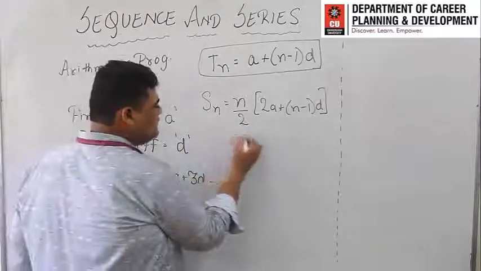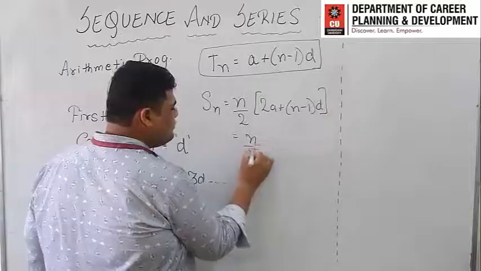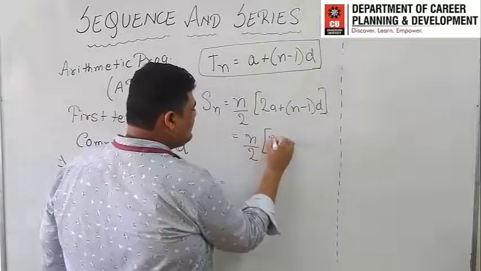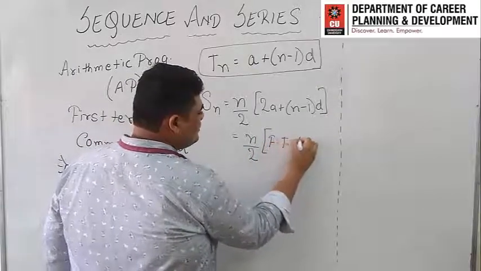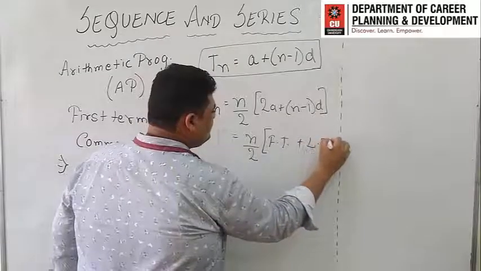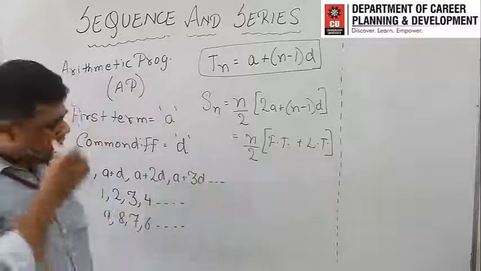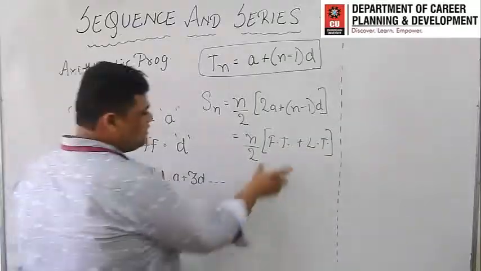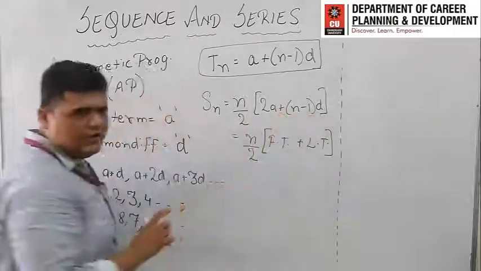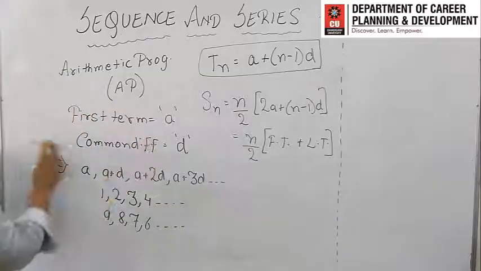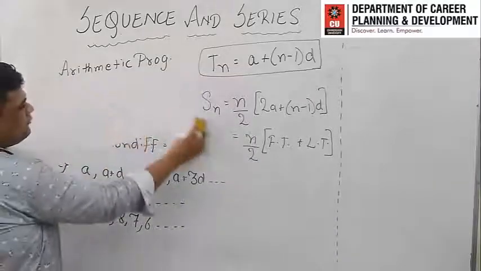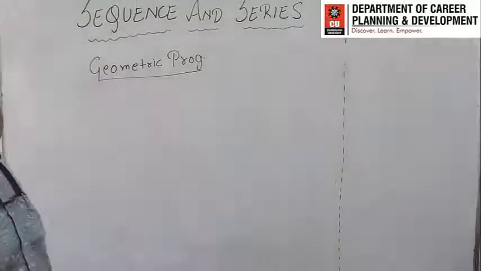There is another formula, which is n by 2 multiplied by (first term plus last term). This is nothing but n by 2 times (2a plus (n minus 1) d). Okay. So these are the two formulas to find the nth term and the sum of n terms.